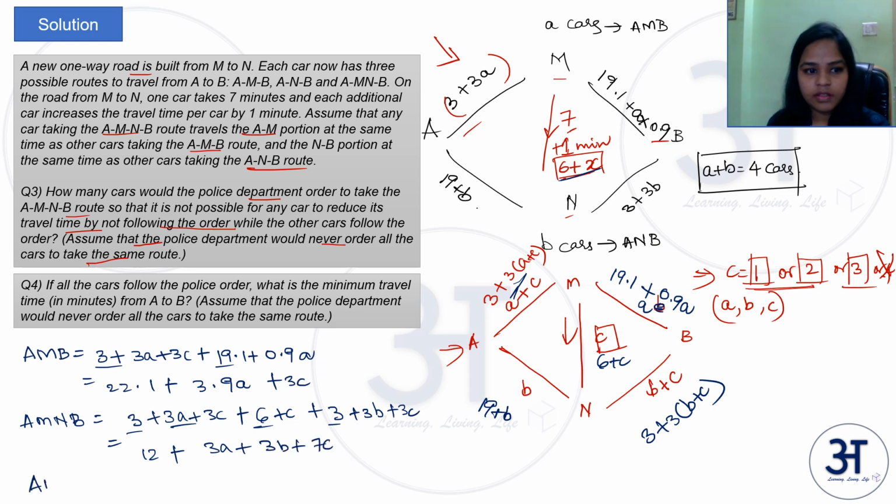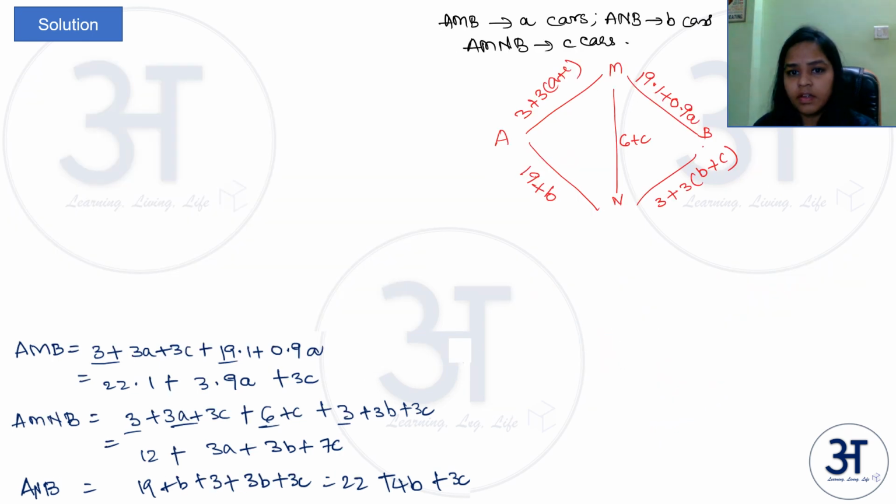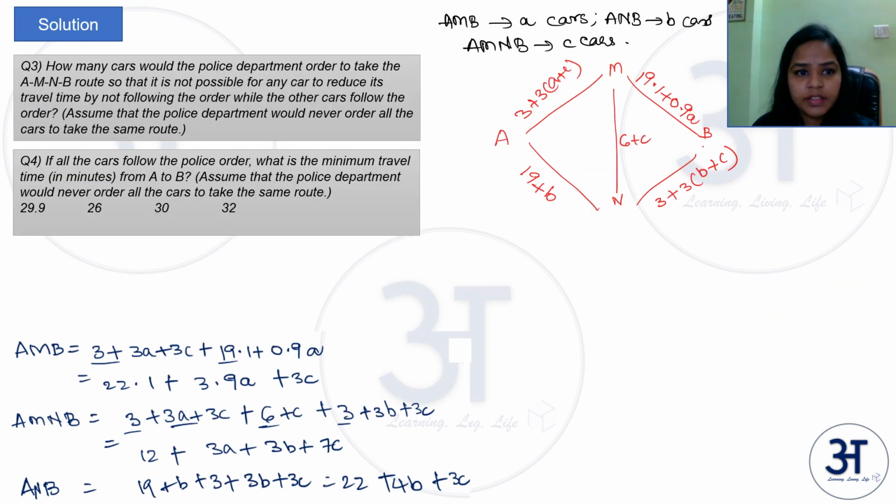Now let us look at route A and B. So this will be equal to 19 plus B plus 3 plus 3B plus 3C. So that is equal to 22 plus 4B plus 3C. The same thing we have rewritten here.